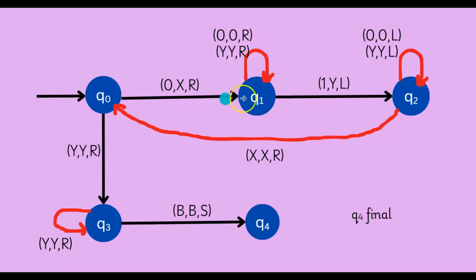If that is so, when you find the y, you move to the next state Q3, moving right, and automatically you find a blank. If you are not able to find the blank, it means there is a mismatch of zeros and ones. Q4 is the final state.